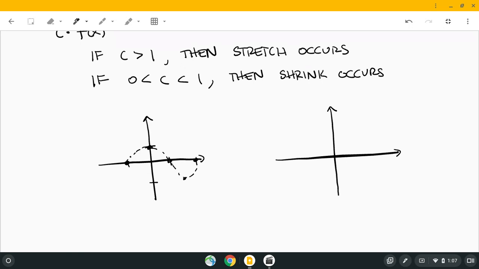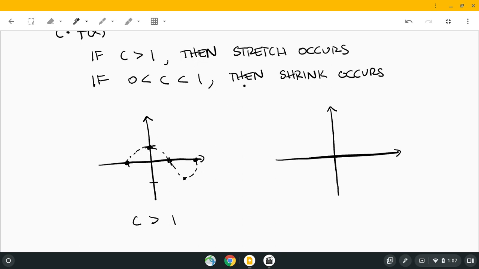If I multiply by a C value that's greater than 1, then what happens is it gets stretched. So these y values, this one has a y value that's not 0, and so does this one. It gets multiplied by the C value.